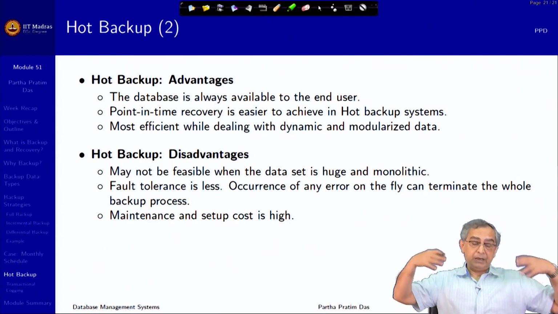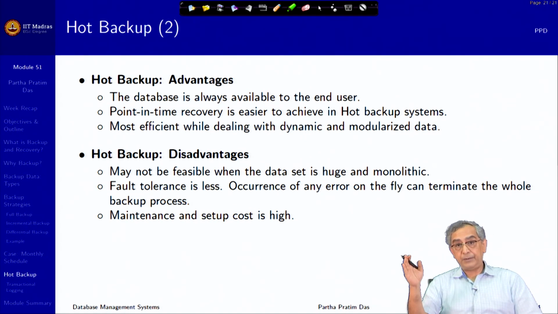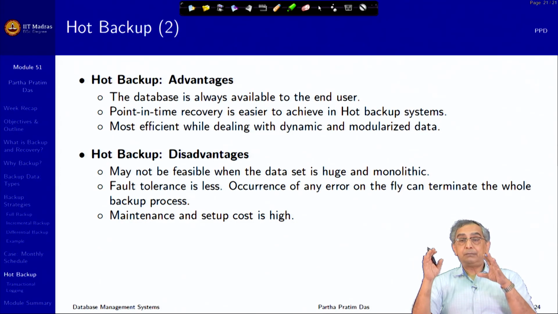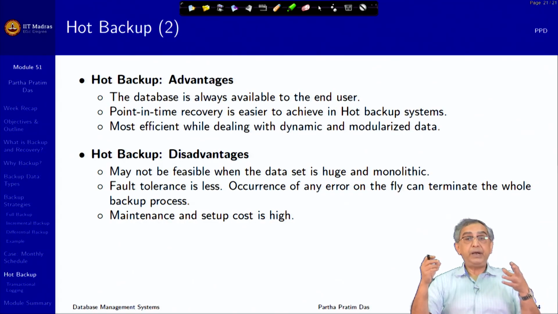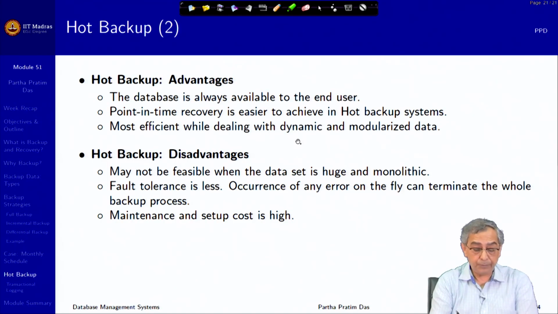That is the reason you have to make the database typically modular. Fault tolerance is less. That is, if something fails, then detecting that on the fly can be difficult. So, any error could terminate your whole backup process. Maintenance and setup cost is large and so on.